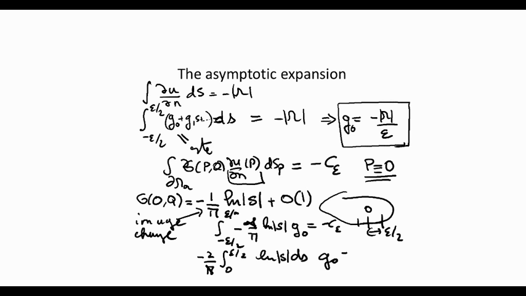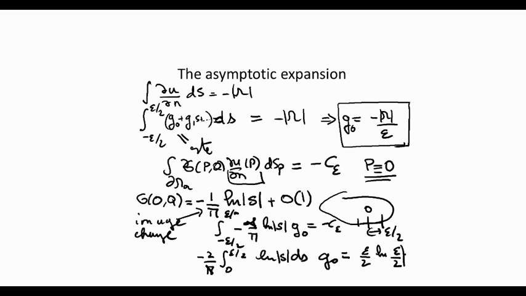And now the leading order term of this, so we integrate by parts log of S, so this is just epsilon, this is S log of S, so we have epsilon divided by 2 log of epsilon divided by 2, so this is the leading order term, right?